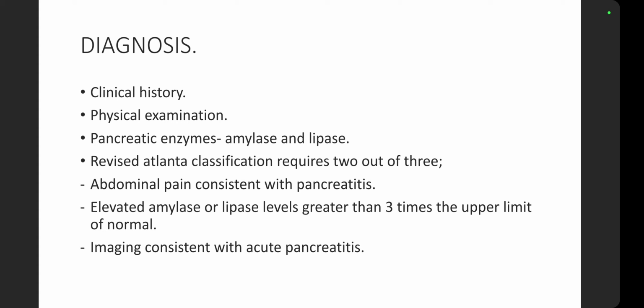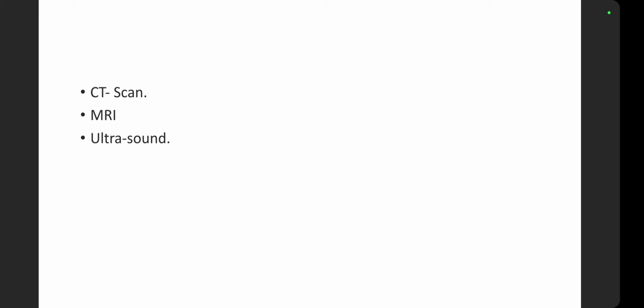Also, elevated amylase or lipase level greater than 3 times the upper limit of the normal. And also, imaging consistent with acute pancreatitis. Then that's when you do your CT scan, your MRI, and also the ultrasound.